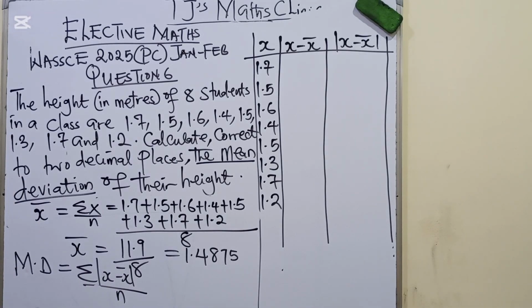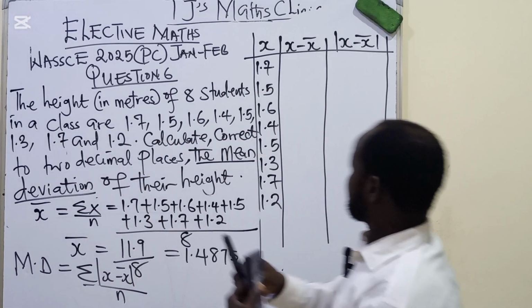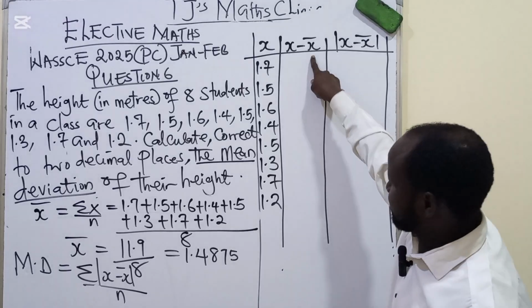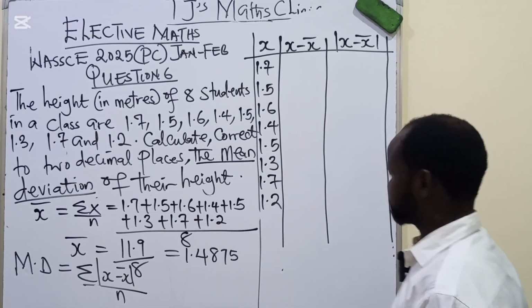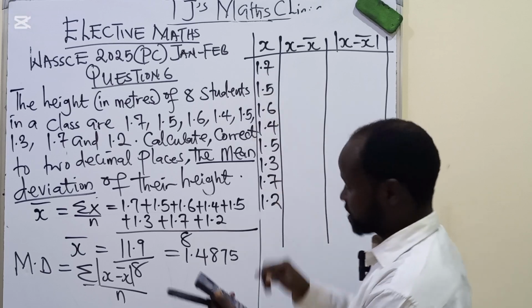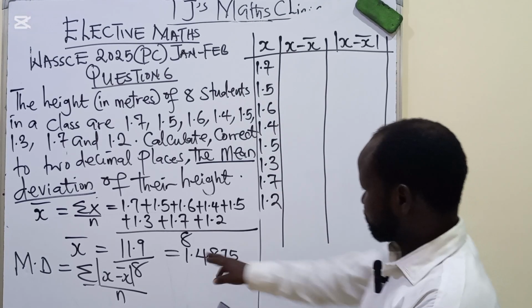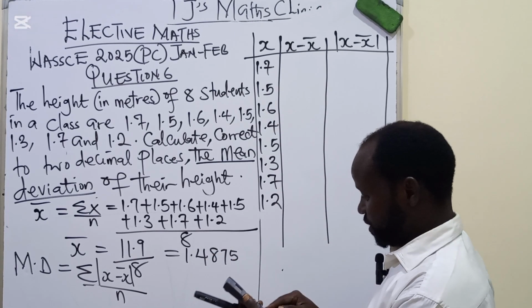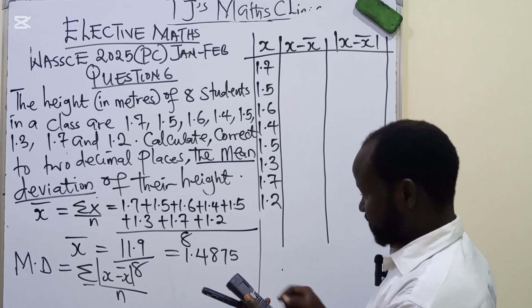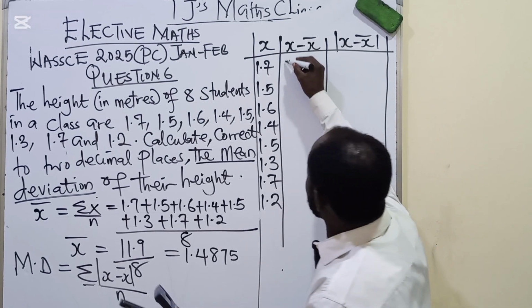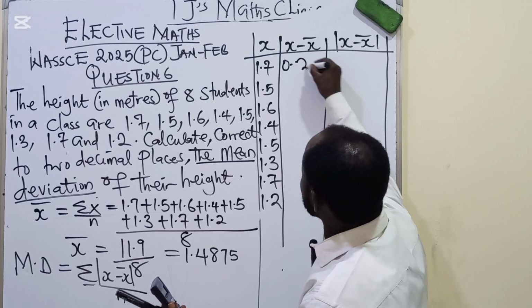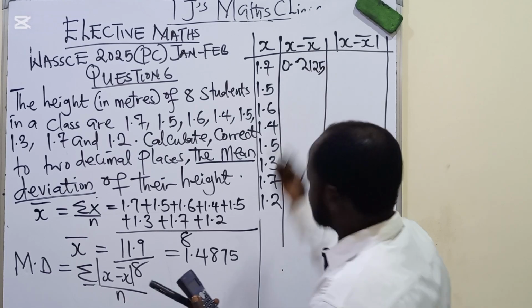So we know our mean. The next column is x minus x bar, meaning 1.7 minus the x bar, which is 1.4875. Let's use our calculator. 1.7 minus the mean, 1.4875. We'll have 0.2125.